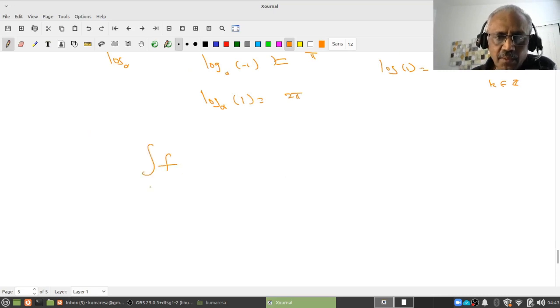Therefore the integral of f over gamma 2 is log alpha of 1 minus log alpha of -1.